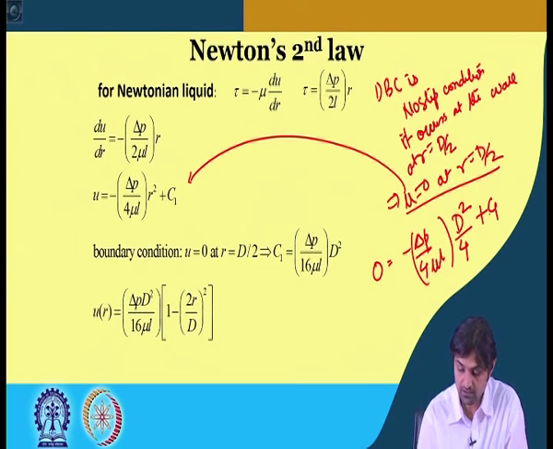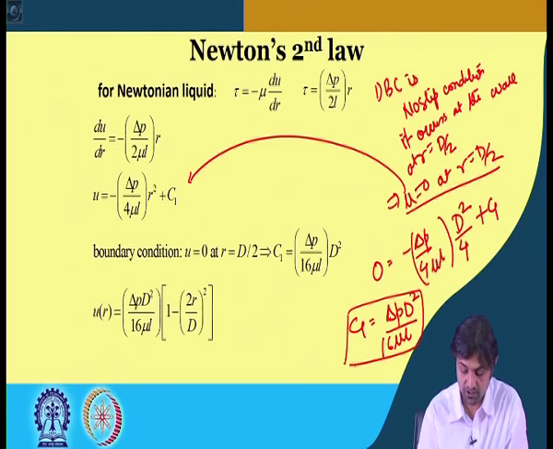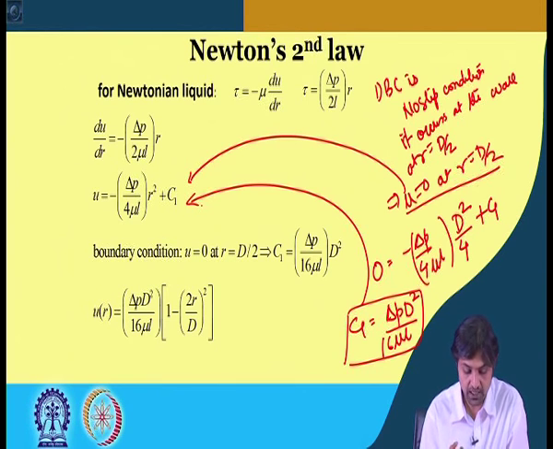All right. So what do we get? We get C1 as delta p d square by 16 mu l. So this is the value of C1 that we get, and if we substitute this C1 here, let's do that.